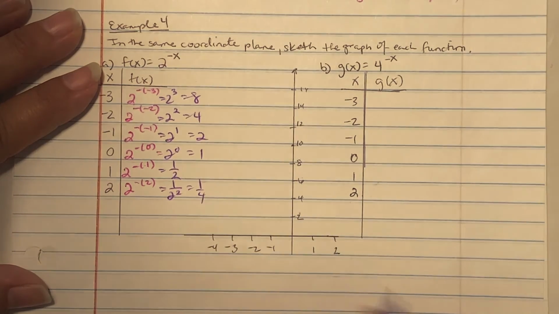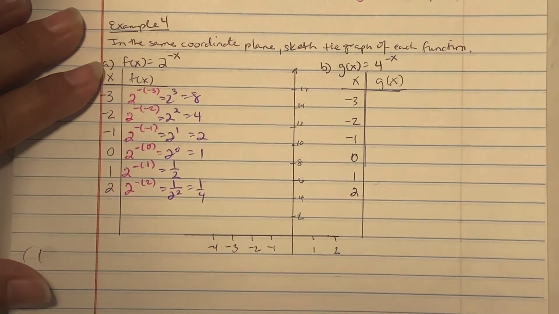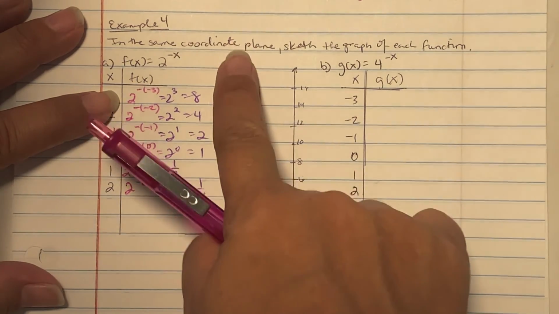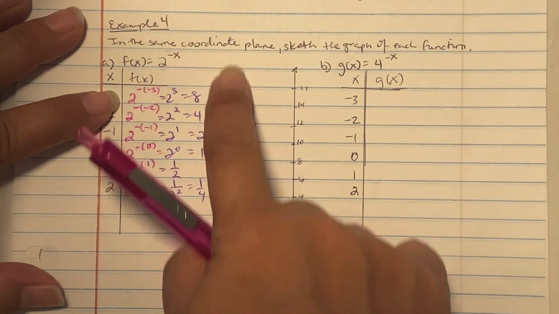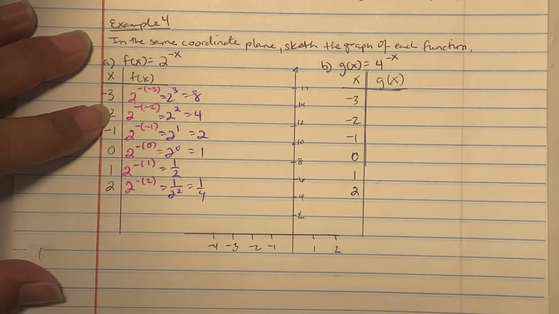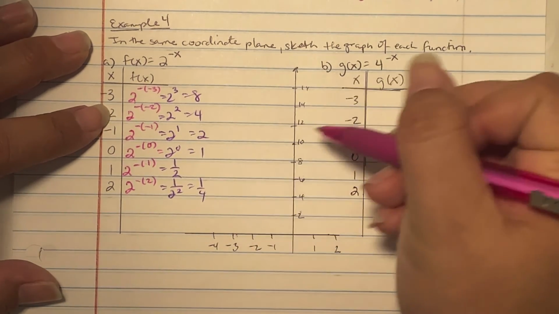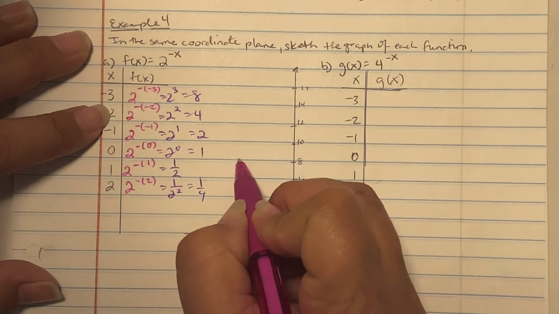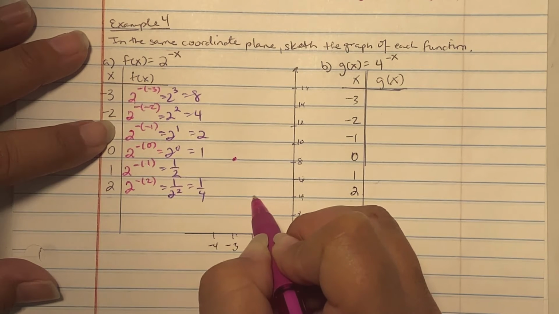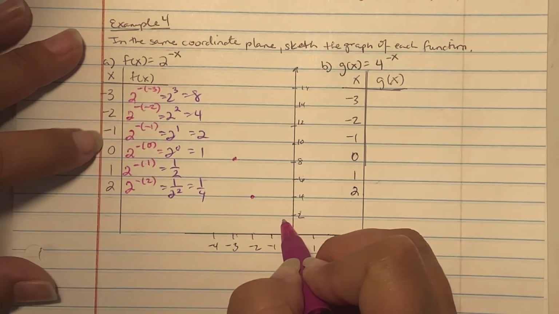So notice that we are starting positive and decreasing. We're starting from the y-axis at the top and going in a downward direction. So when x is -3, we're at +8. When it's -2, we're at 4. When it's -1, we're at 2.